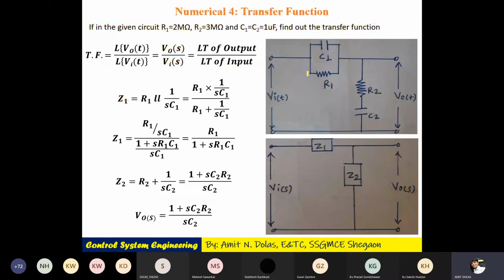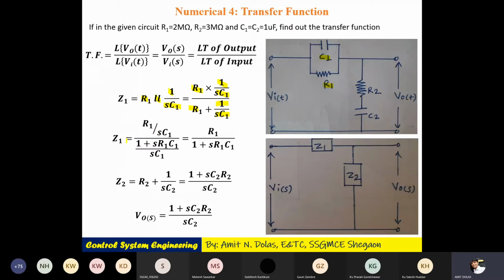As I pointed out earlier, Z1 is the parallel combination of R1 and C1. Converting to the Laplace domain, R1 is parallel to 1 by SC1. So adjusting the equation, it will be R1 into 1 by SC1 divided by R1 plus 1 by SC1.